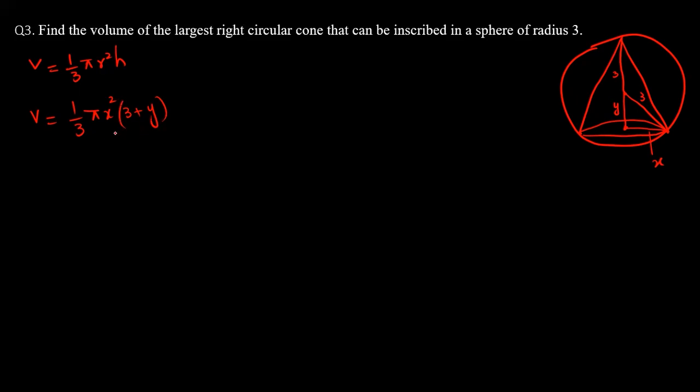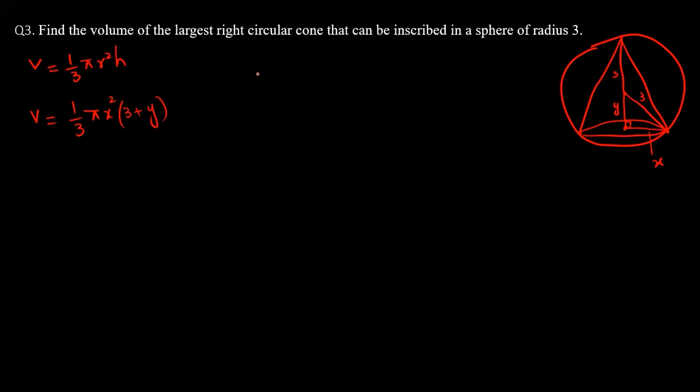We need to convert it into a single variable. So how do we convert this whole function into a single variable? Let's use the Pythagorean theorem. We can compute x by Pythagoras theorem, because this is a 90-degree angle.